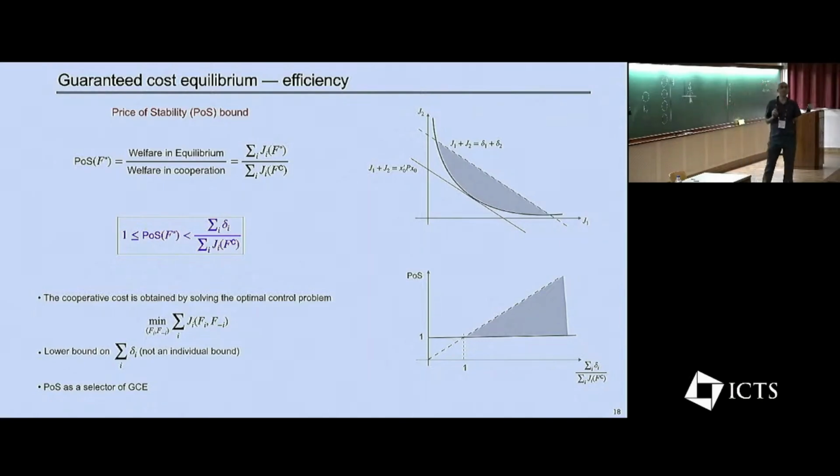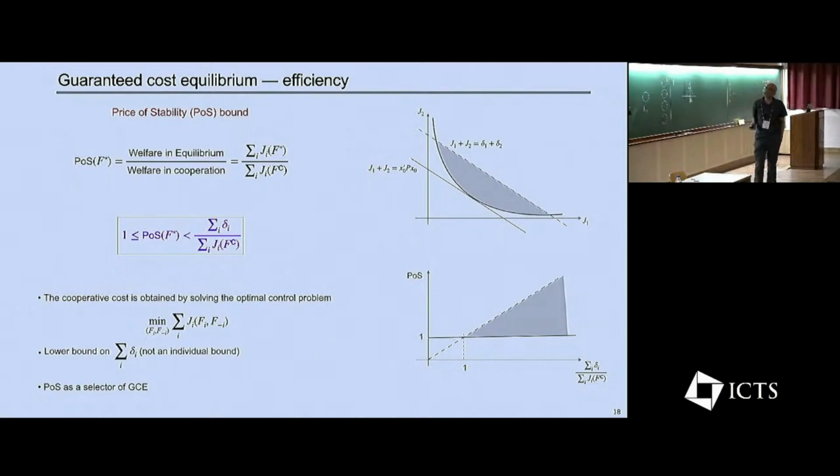Two observations we can derive here. The total cost in equilibrium can only lie between these two lines. Then we also have a question: can players have very unreasonable expectations with respect to their bounds? This result says that the joint expectations cannot be lower than the total cost in cooperation.